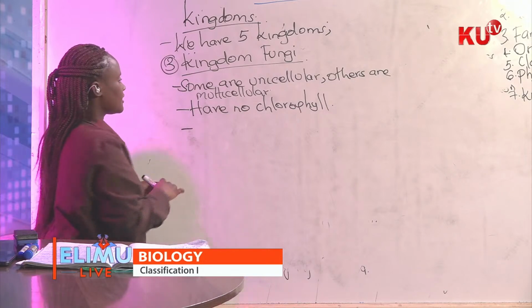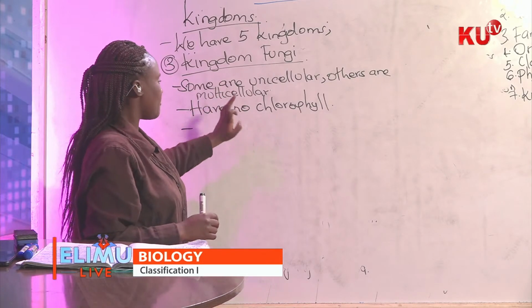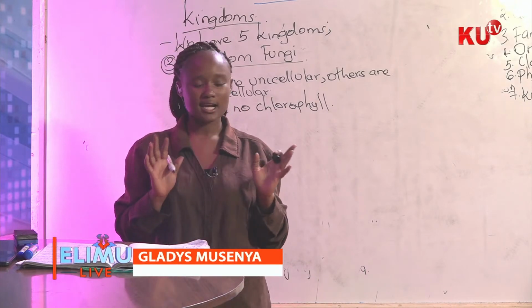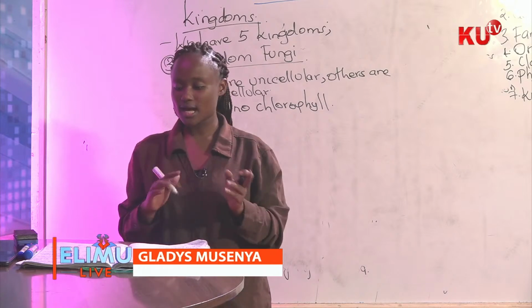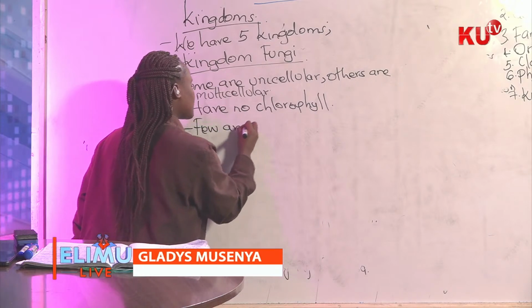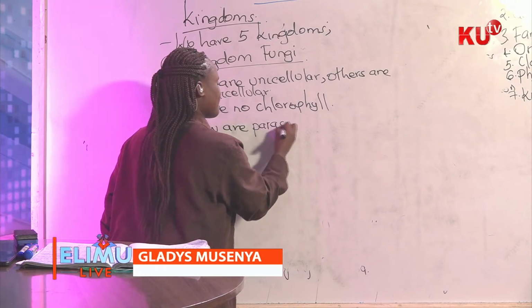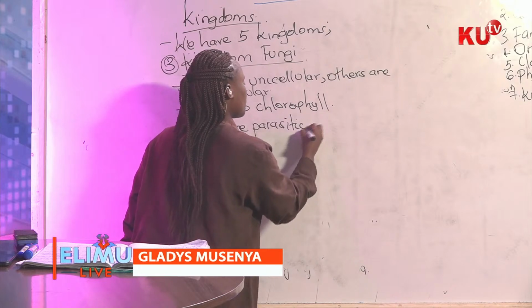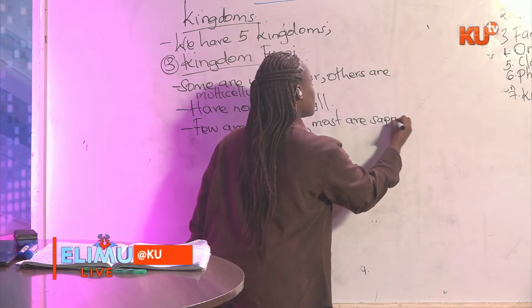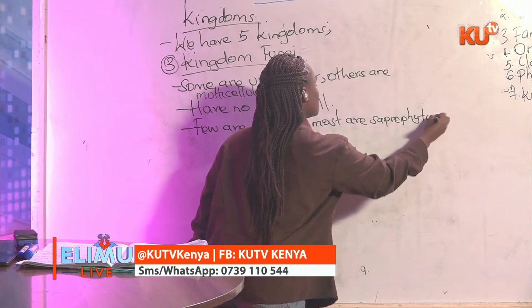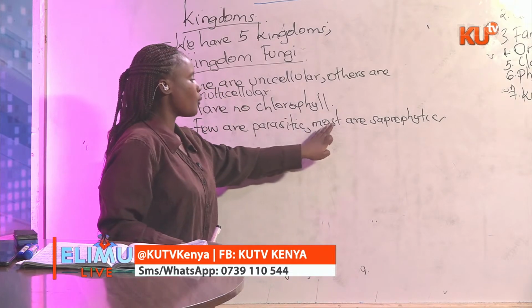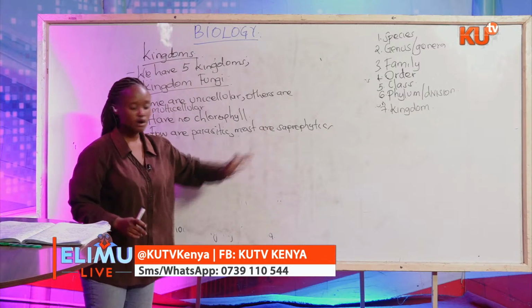And few are parasitic, while most are saprophytic. So in fungi, few are parasitic, while most are saprophytic.